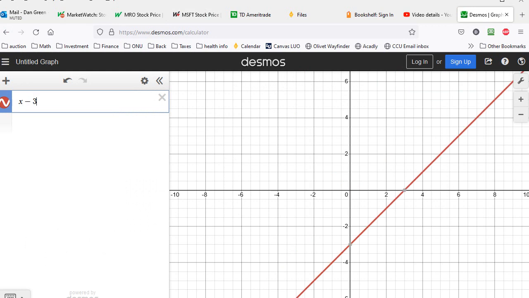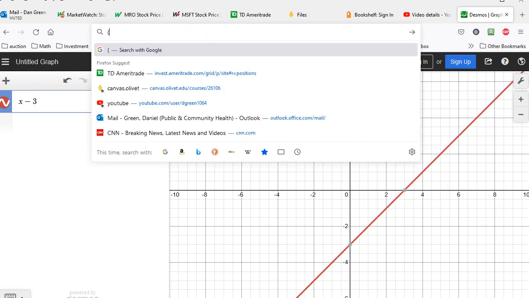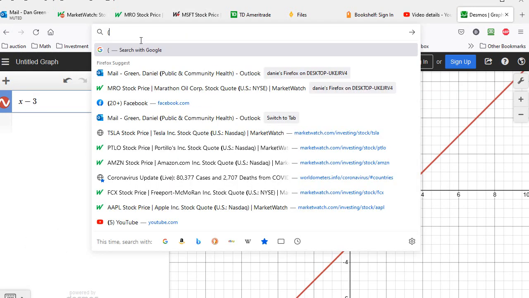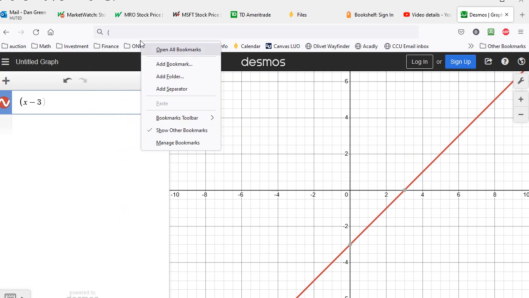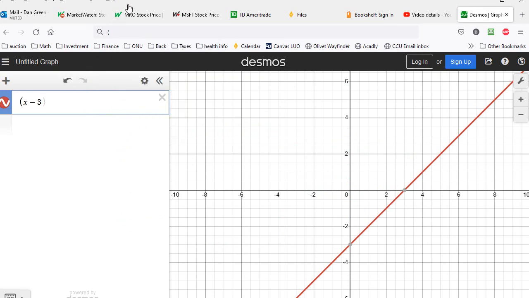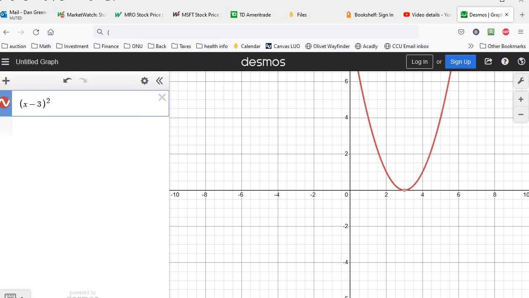So x minus 3, let's open parenthesis, and we'll close it, and now caret 2, arrow to the right, plus y, caret 2, arrow to the right to get out of the exponent, equals 4. So there's our circle.